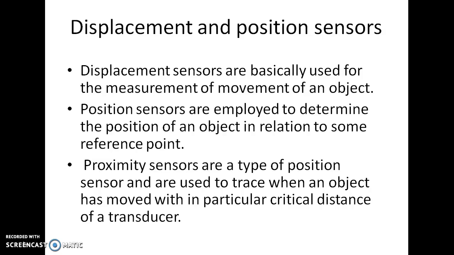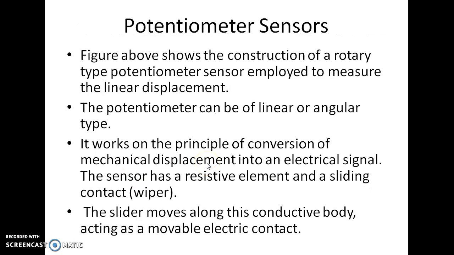Proximity sensors are a type of position sensor and are used to trace when an object has moved within a particular critical distance of a transducer. Means tracing devices or tracking devices are our proximity sensors. One by one we will discuss them.